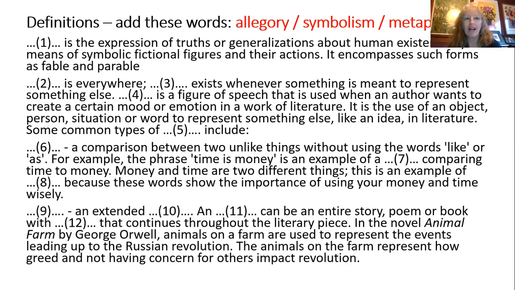I want you to add those 3 red words in these 12 gaps. Okay, so 12 gaps and only 3 words. So you have to use each word more than once. Okay, I want you to pause the video, read it through and add the 3 words now.